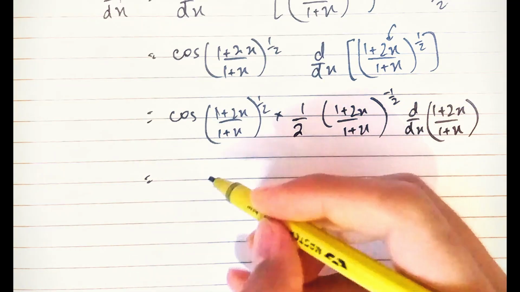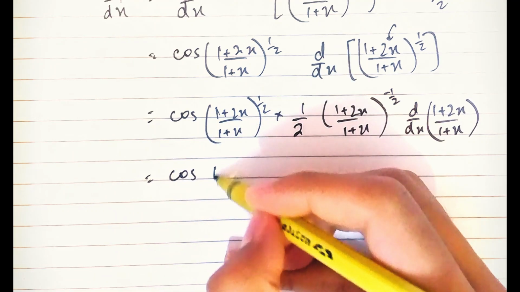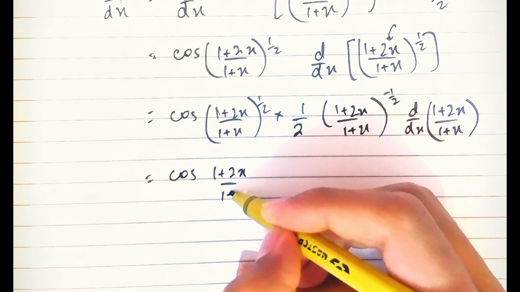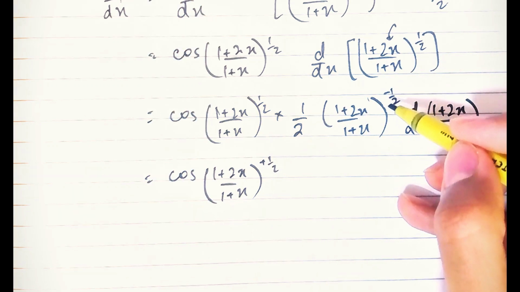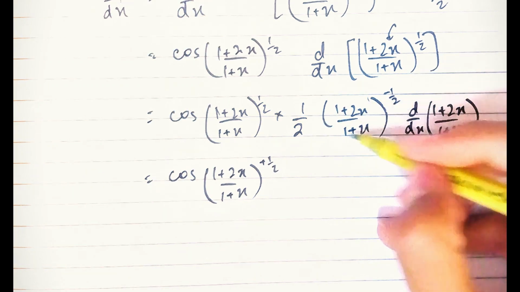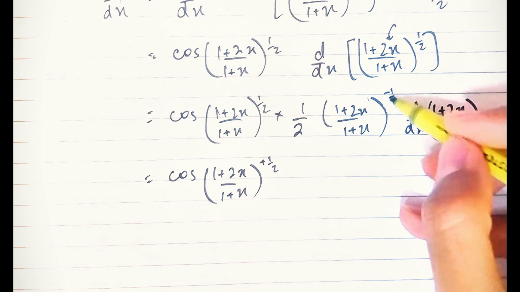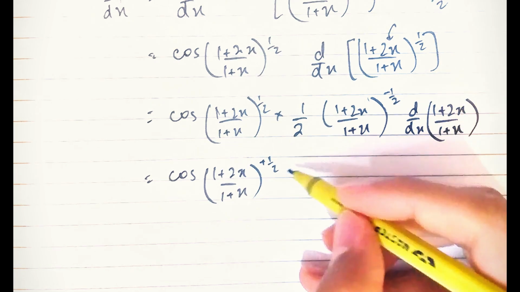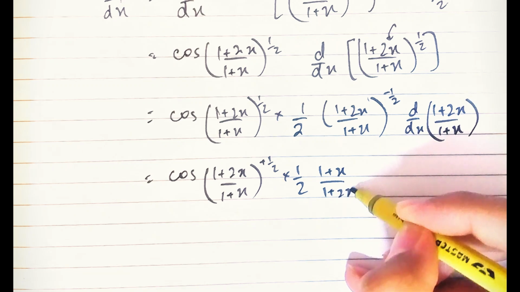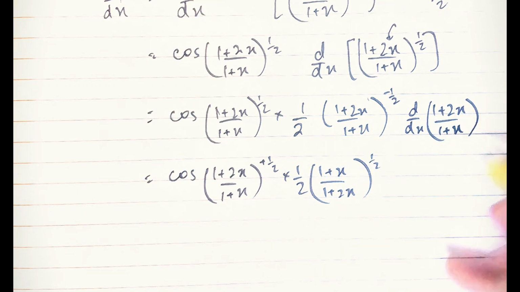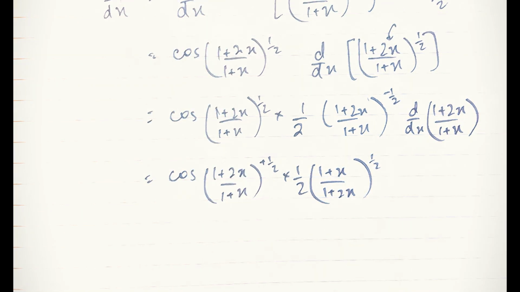So these two terms would be as they are, but I would like to do one thing over here, and that is I'm going to reciprocate this term because it has the negative exponent, and if I reciprocate the terms present inside, the exponent would be positive: (1 plus x) over (1 plus 2x), power 1 by 2. And now this is the division formula.